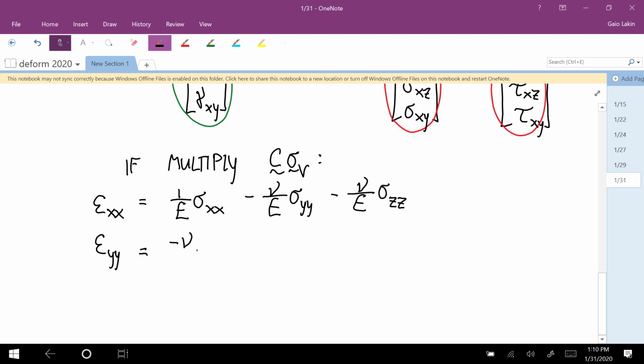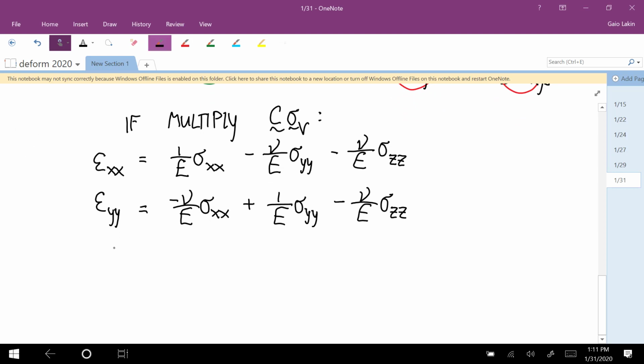Epsilon YY is negative nu over E times sigma XX, plus 1 over E times sigma YY, minus nu over E times sigma ZZ. And epsilon ZZ is negative nu over E times sigma XX, minus nu over E times sigma YY, plus 1 over E times sigma ZZ.